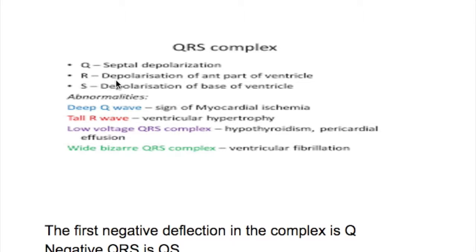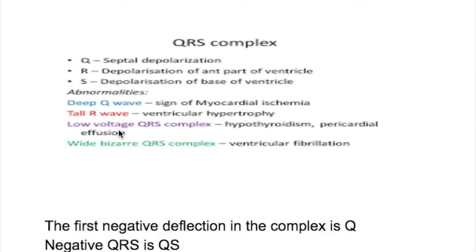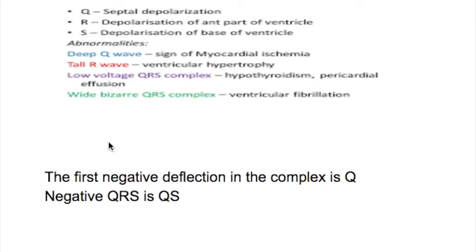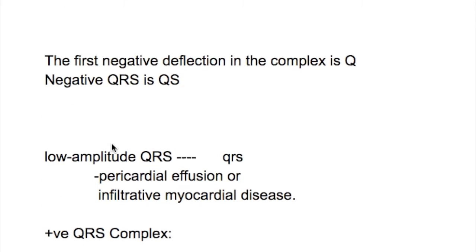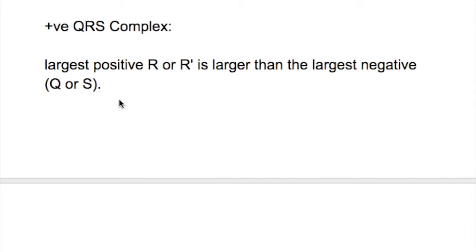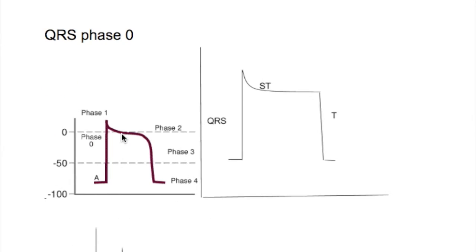The R represents the depolarization of the anterior part of the ventricles, and the S represents the depolarization of the base of the ventricles. What's a positive QRS complex? The largest positive R is larger than the largest negative Q or S.